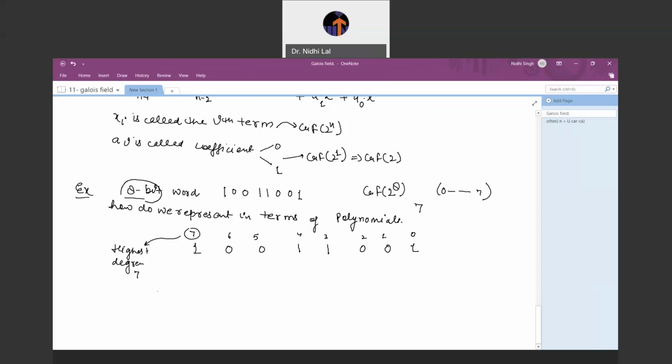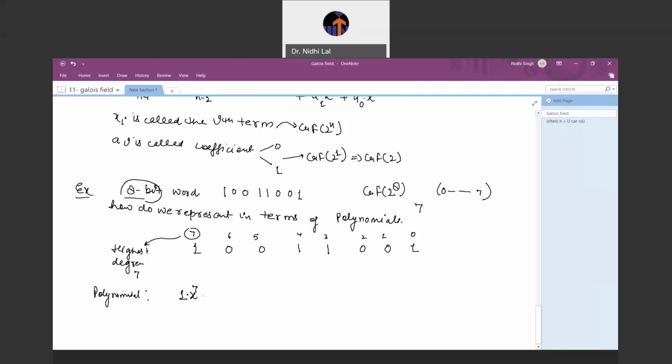So in order to represent it in terms of polynomials, the way is very simple. Polynomial representation: this is the coefficient. Put the coefficient as it is, 1. Now multiply with the term of the highest degree, that is coefficient 1 times x to the power 7. Here the term is the highest degree.